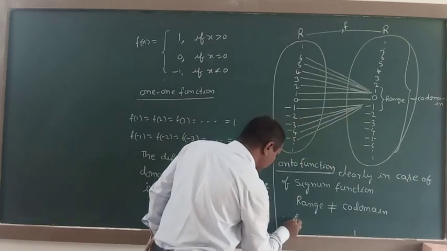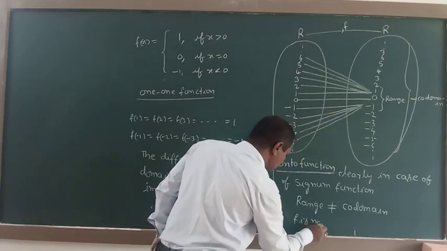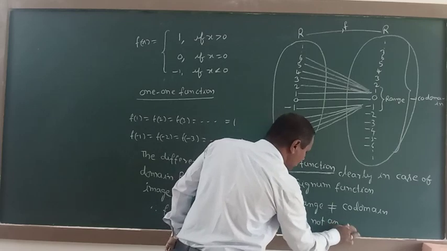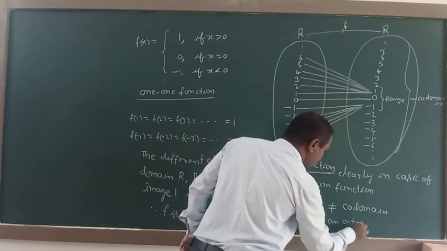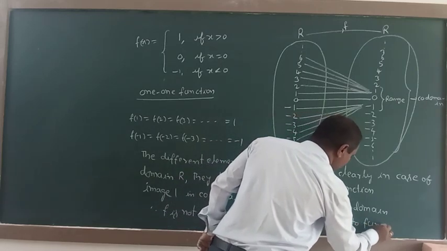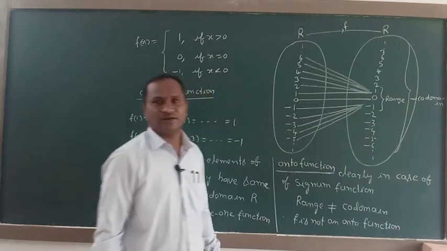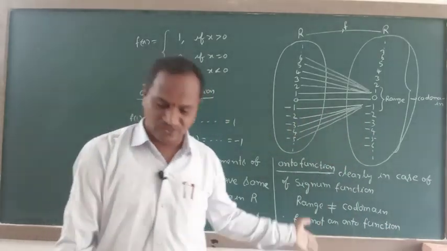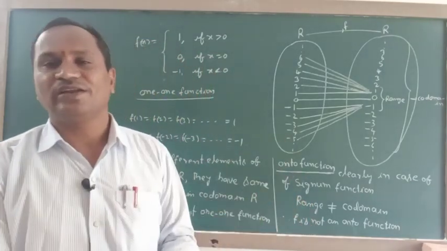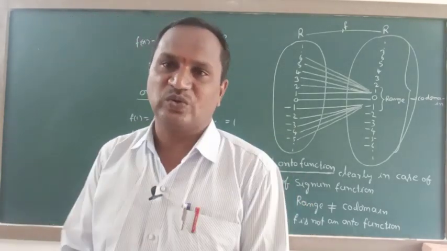Therefore, f is not an onto function. That's what we proved. f is not one-one and f is not an onto function.